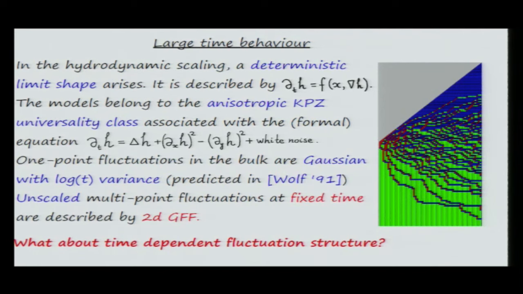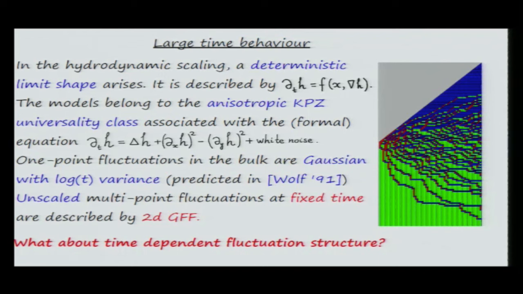Speaking of universality class, the model lives in the KPZ universality class, but it's the anisotropic KPZ. If you're familiar with the KPZ, the quadratic form here has a plus and a minus, but again, I'm not going to talk about that much. So the fluctuations, if you just pierce the picture with a needle, then the fluctuations at every single point are logarithmic in time.